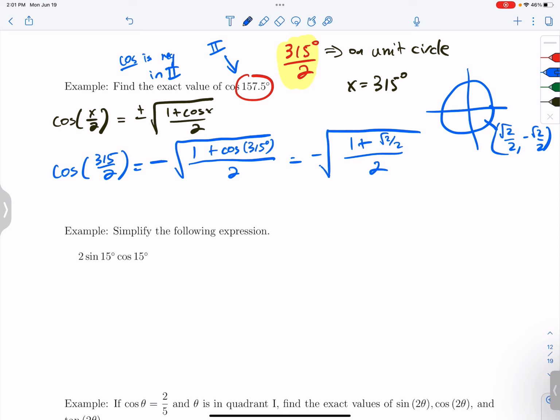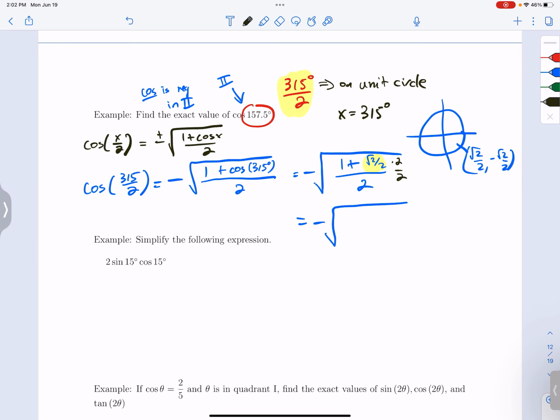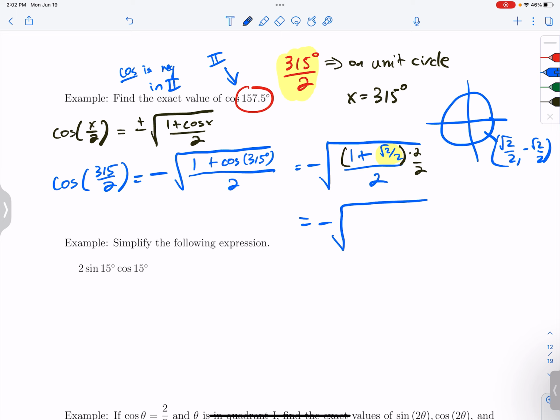We can leave it like that, but we can simplify because we really don't want to have this fraction in the radical. We don't want a complex fraction. Oh, and this is negative in front. So negative of, well, I can multiply the top and bottom here by 2 over 2. When I multiply this numerator by 2, we get 2 plus root 2, the 2s cancel in the denominator, so 2 plus root 2 divided by 4, all in the square root.